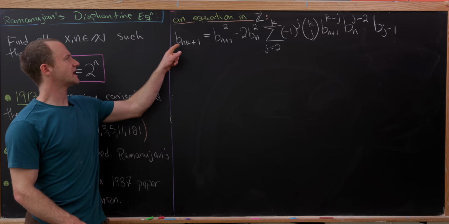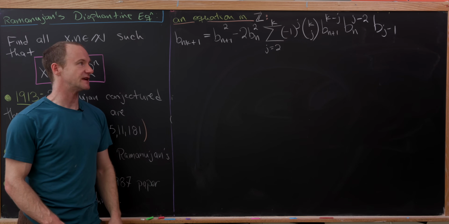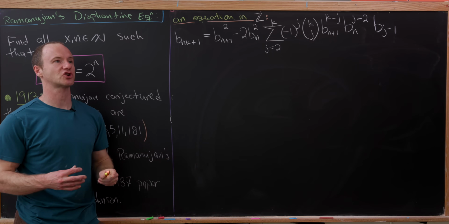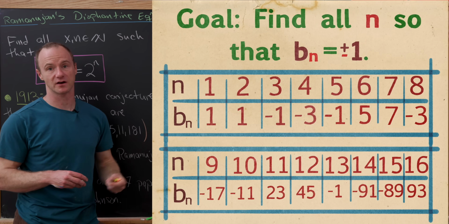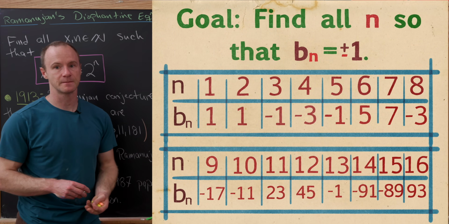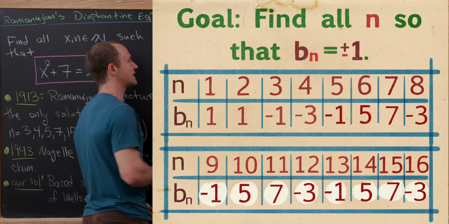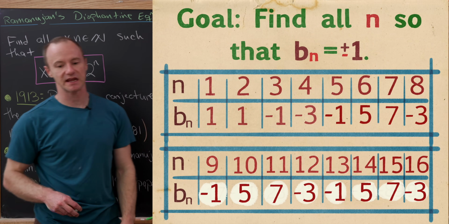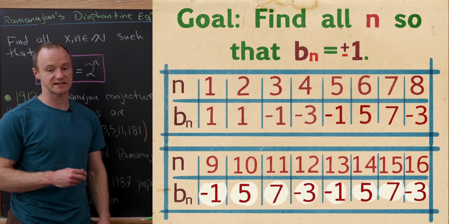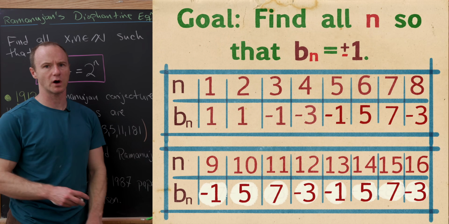So in the last board, we ended up with the following equation that involves the b's occurring within the integers. And next up, we want to go back to that chart of the values of our sequence b sub n and reduce it mod 16. And we'll notice that if we reduce it mod 16, bn is congruent to 1 mod 16 if and only if n is equal to 1 or 2.